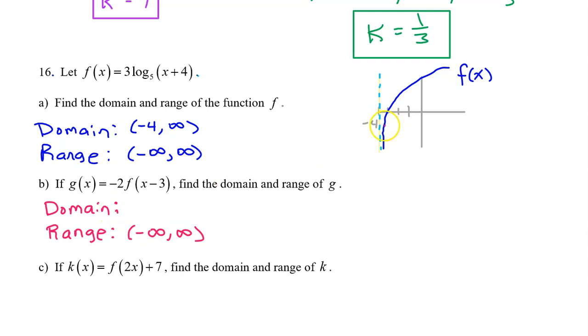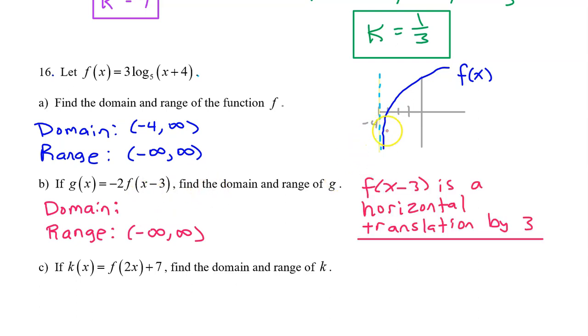And the domain is going to be dictated by the vertical asymptote. So f of x has the vertical asymptote at -4. All we really have to worry about is what's happening here on the inside. And all we see is a horizontal translation by +3. Let me write that down.